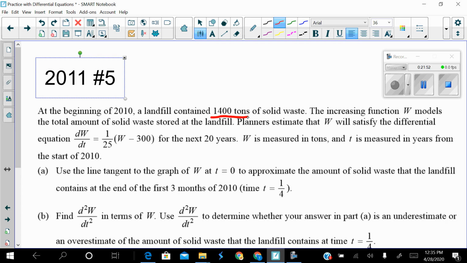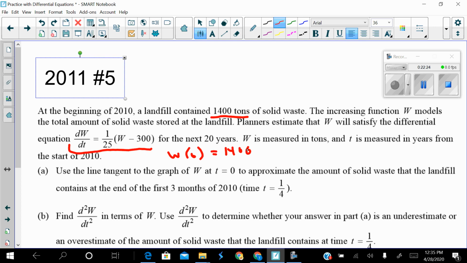The increasing function W models the total amount of solid waste stored in the landfill. Planners estimate that W, the amount of waste, will satisfy the differential equation, here's our differential equation, for the next 20 years. W is measured in tons, and t is measured in years from the start of 2010. So they did tell us the amount of waste at time 0 is 1,400 tons.